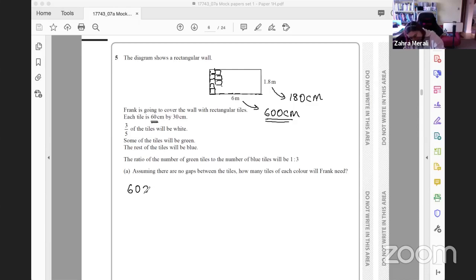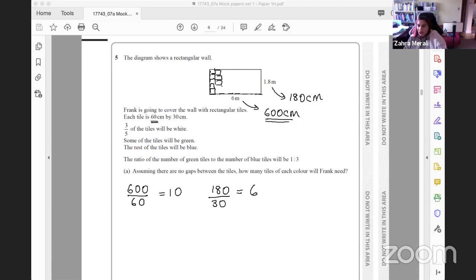So we're going to do 600 divided by 60, which gives me 10, and 180 divided by 30, which gives me 6. Okay, so we know we've got 10 along the bottom, but 6 along the top. So of course we're going to go with the higher amount.